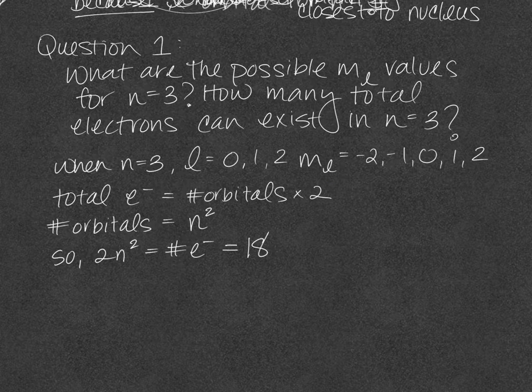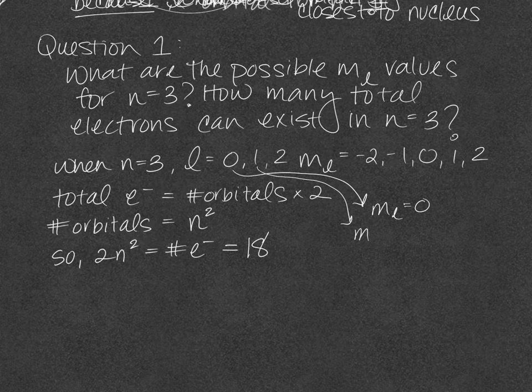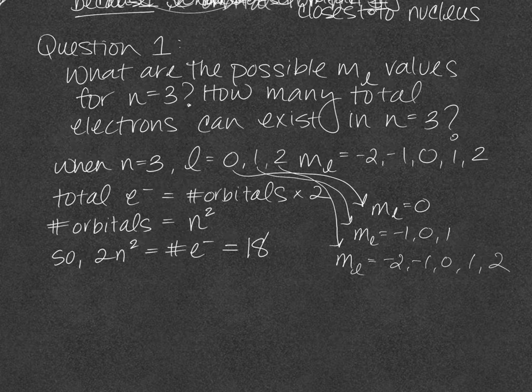M sub L is dependent upon your L values. So let me make this more clear. When L equals 0, M sub L is equal to 0. When L equals 1, M sub L equals -1, 0, and 1. When L equals 2, M sub L can equal everything -2, -1, 0, 1, and 2.